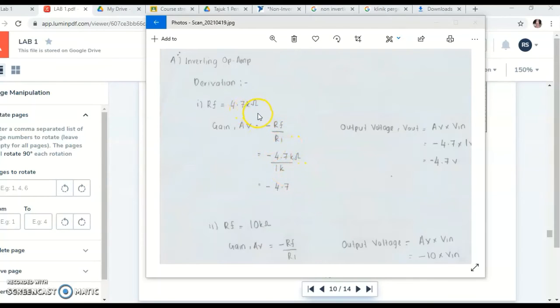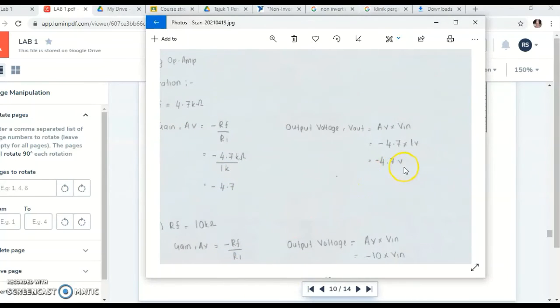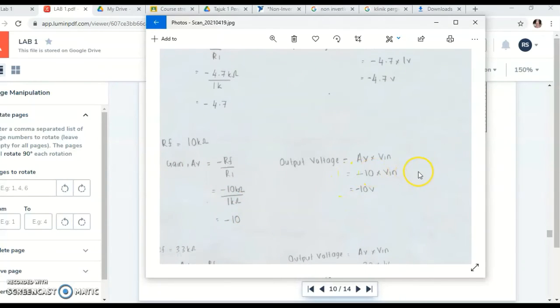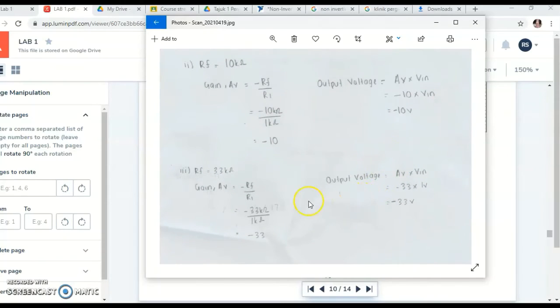For 4.7 kilo ohm, we get a gain of negative 4.7, and the output voltage is negative 4.7 volt. For 10 kilo ohm, AV is negative 10 and the output voltage is negative 10 volt. For RF 33 kilo ohm, the gain is negative 33.